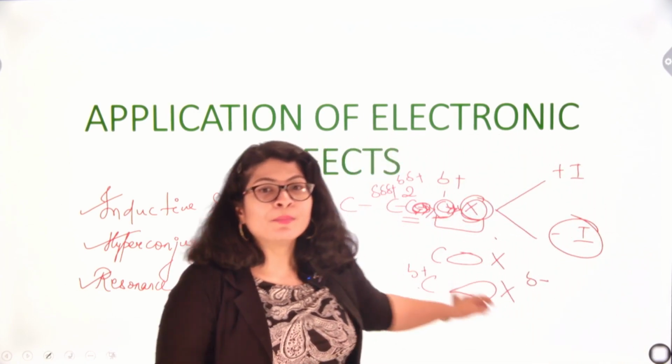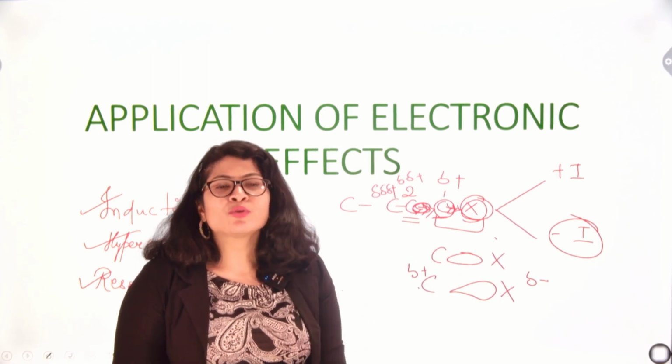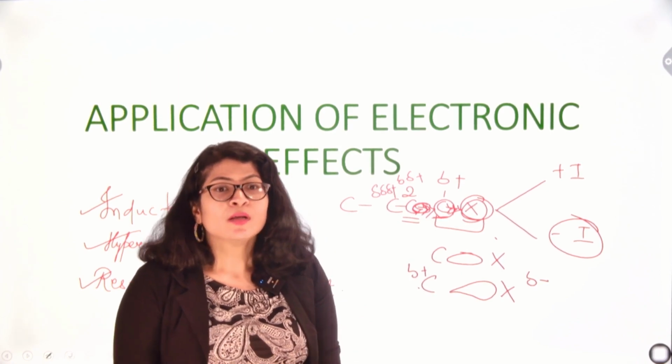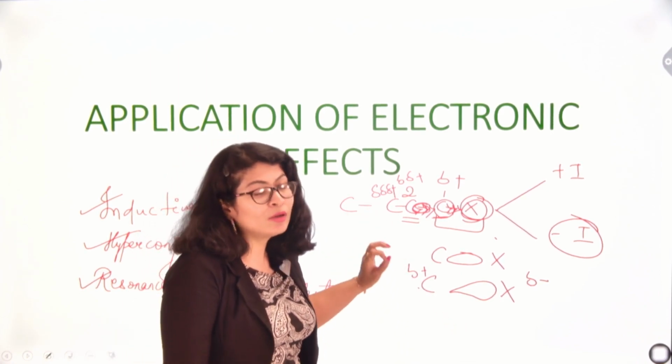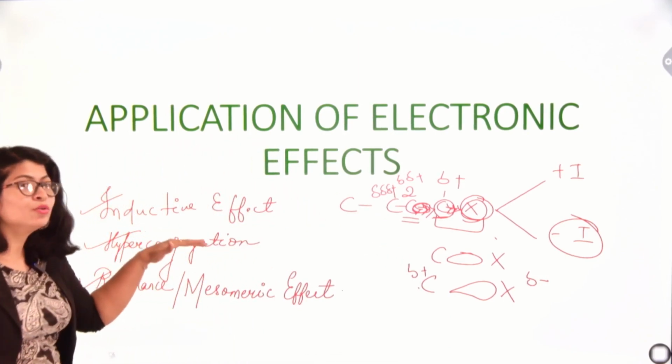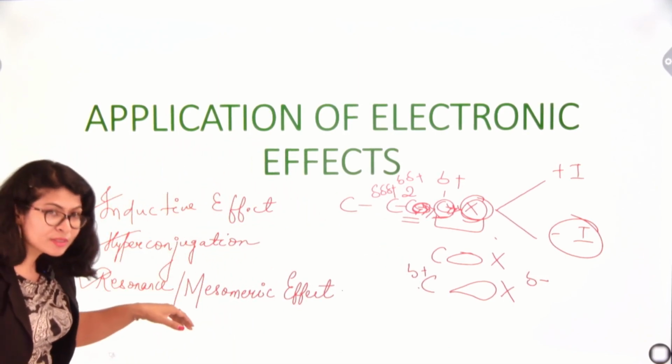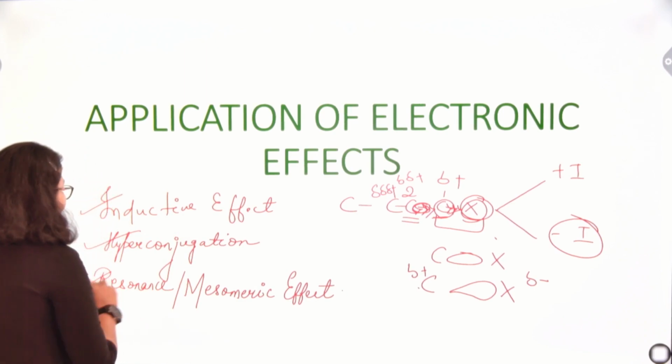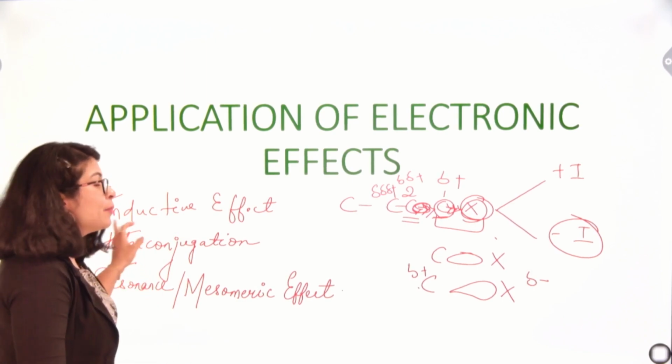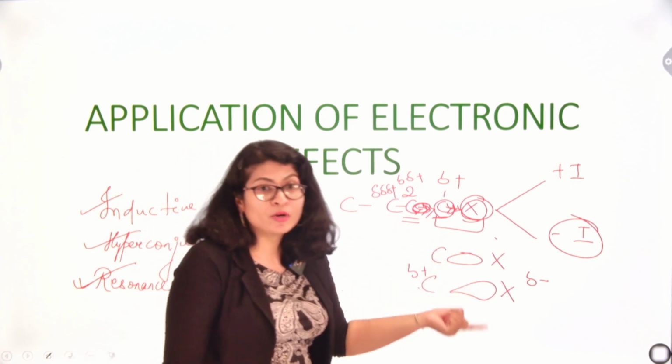Now if I come to hyperconjugation, hyperconjugation was also somewhat similar to inductive effect, but no, sorry, hyperconjugation is not similar to inductive, it is somewhat similar to resonance effect. But resonance occurred in a pi bond setup, whereas hyperconjugation occurred in a sigma bond setup.